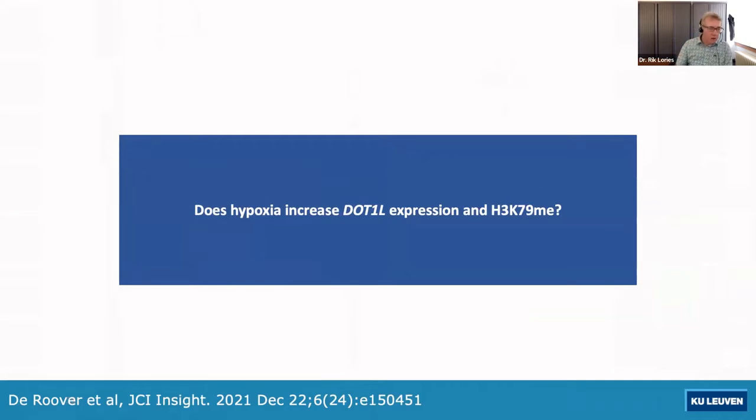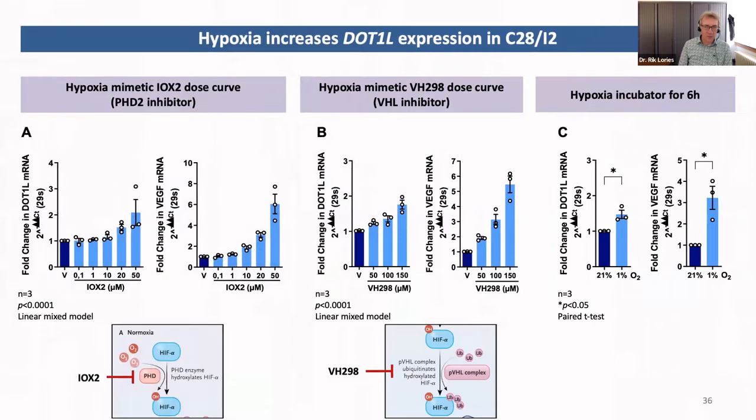So Astrid went out to do a lot of functional experiments to really define to which extent hypoxia is key in controlling DOT1L expression and activity. Using a cell line, she demonstrated, using different ways of inducing hypoxia or a mimic of hypoxia, that upon the creation of a hypoxic or hypoxia-like environment, the expression levels of DOT1L go up, in parallel with those of a well-known target of HIF1, which is VEGF alpha.